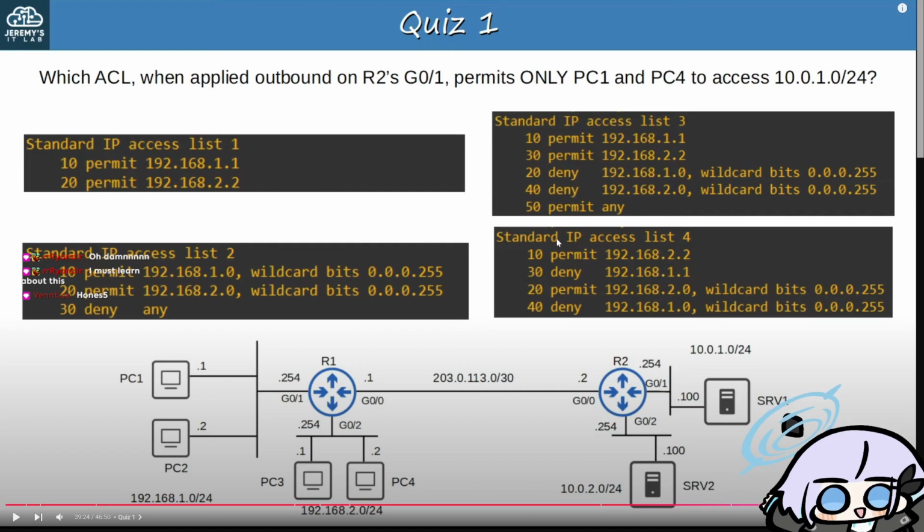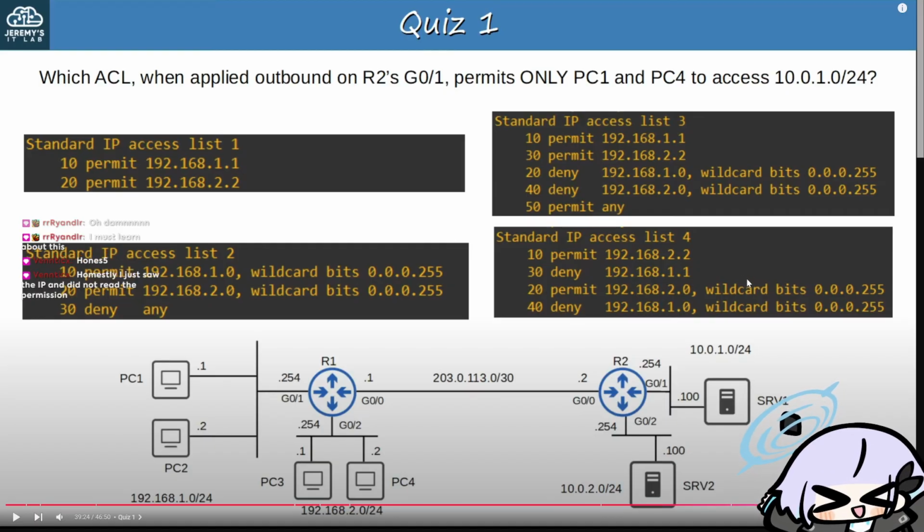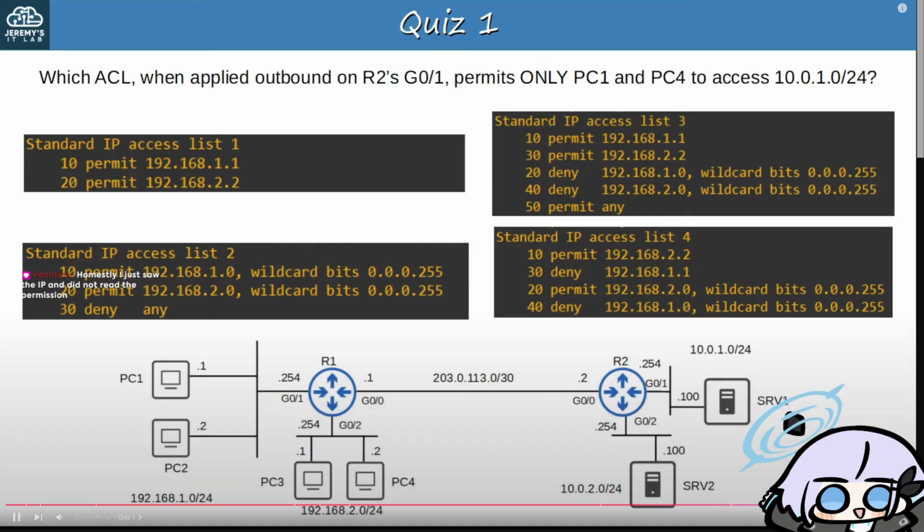Wrong. How about 4? What's wrong with this? It allows PC4. It denies PC1. It permits the entire network of G0/2, and then denies the entirety of G0/1. Okay, I don't need to elaborate on that. It's this one. I just explained why the others were wrong.